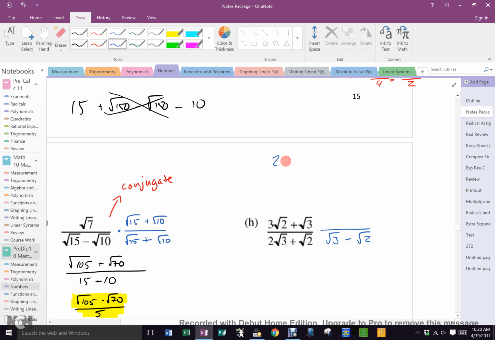I would get 2 times 3, right? Because 2 root 3 times root 3 is 2 times 9, yeah? 2 times root 9, 2 times 3. Is everybody cool with that? Okay. Then I would get minus 2 root 6. And what's this? Plus 1 root 6. Does the middle term drop out? No.